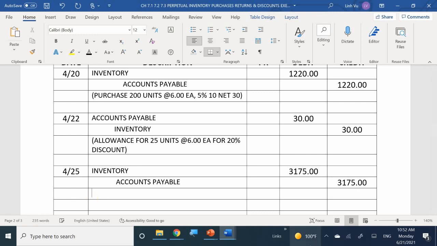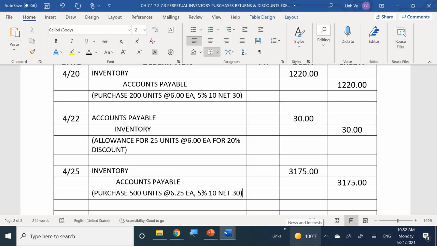Plus, I'm going to make a little note here saying that I purchased 500 units at $6.25 each. Terms are 5/10, net 30.